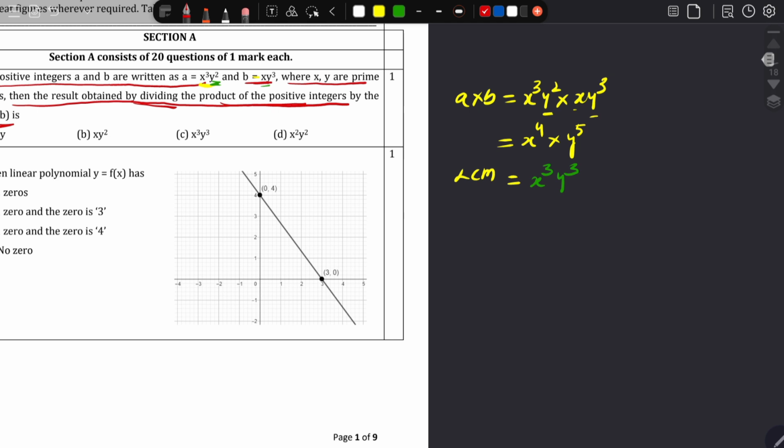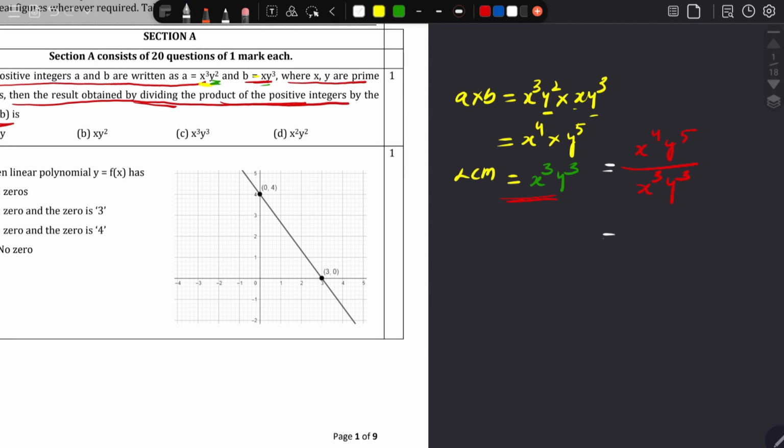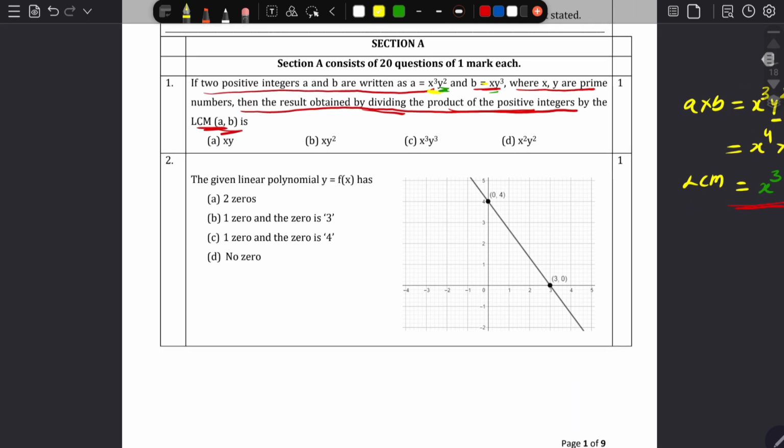So the product is x power 4 into y power 5, divided by their LCM x cube y power 3. This simplifies to x power 4 minus 3 into y power 5 minus 3, which leads to x y power 2. So we can say option B is correct.